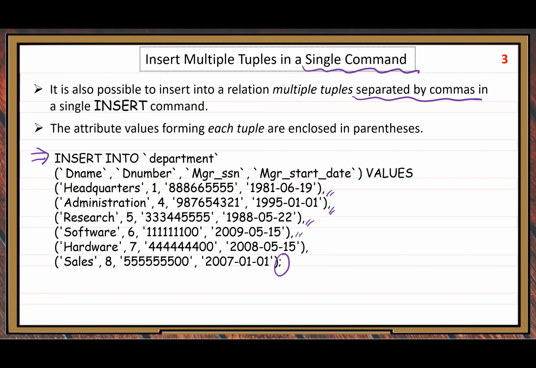It is also okay to put all rows in one line, no problem. But here, we put only one row on each line for better readability.